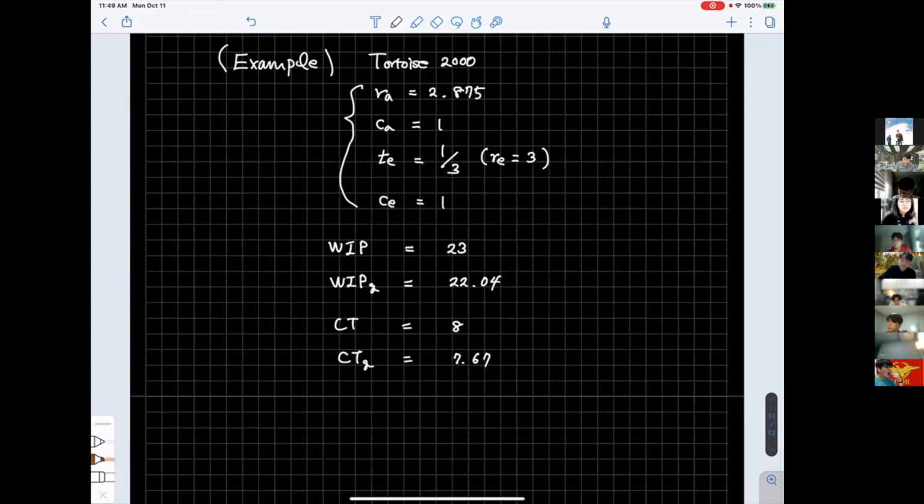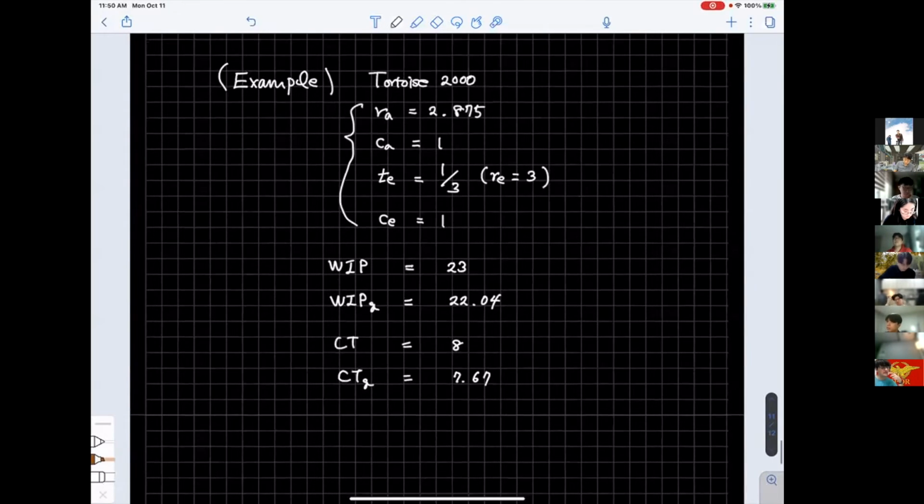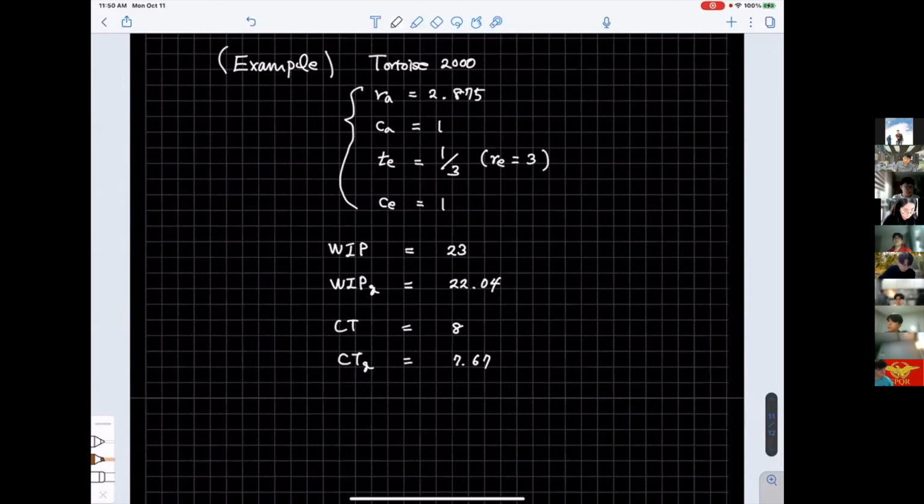But the result number, WIP, is 23. It means that this simple machine has to secure a buffer with a size of 20, almost 22, in order to make a continuous flow line.